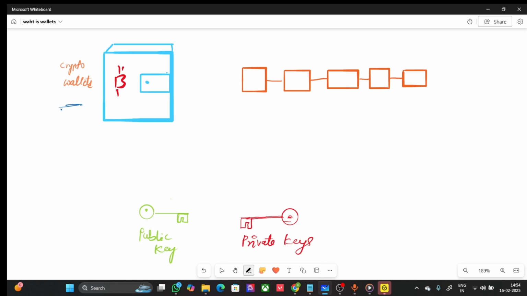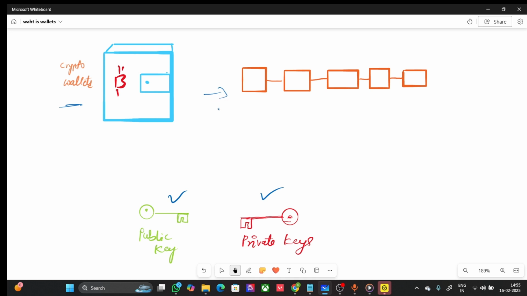Likewise, our crypto wallet is also an essential tool that allows us to interact with our cryptocurrency. But here is the thing, unlike traditional wallets that hold cash, crypto wallets don't actually hold any value or coin physically. Instead, they store the public and private keys, which are digital keys that allow us to access and manage our crypto assets on the blockchain.